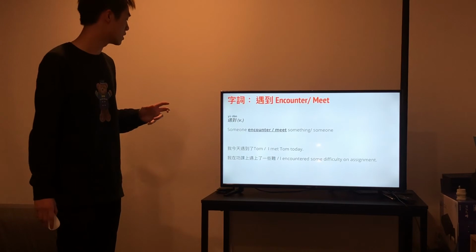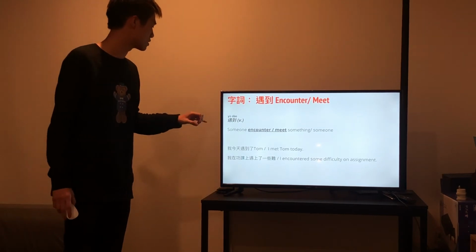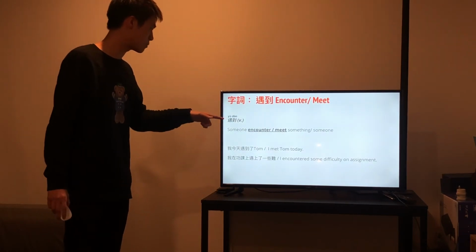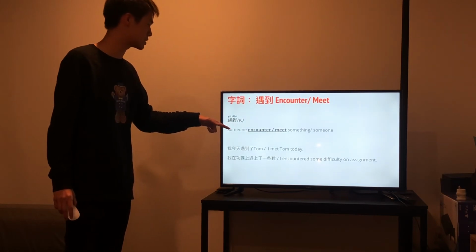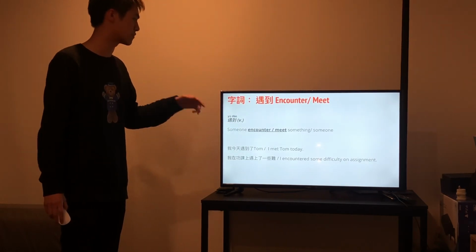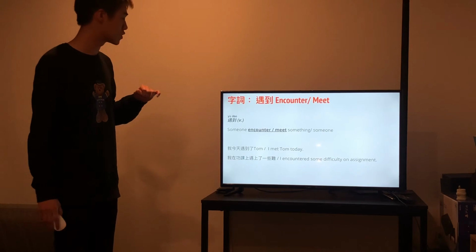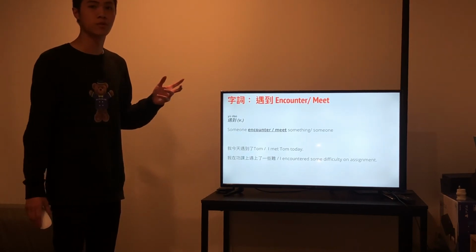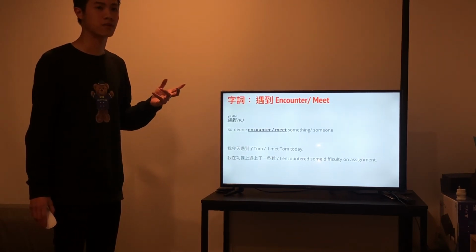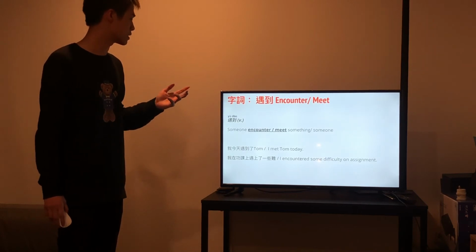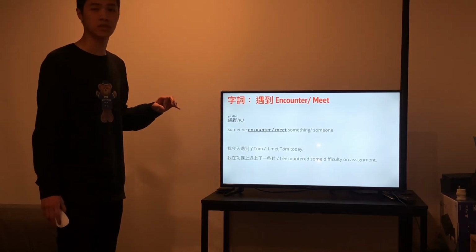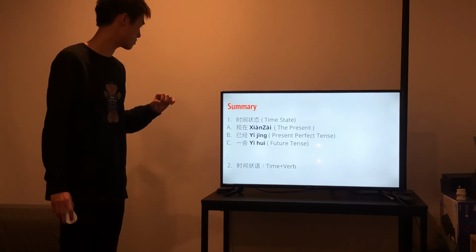In this case the English meaning is I encounter some difficulties on the assignment. So in Chinese we use the same word with different meanings, but in English it's not the same.